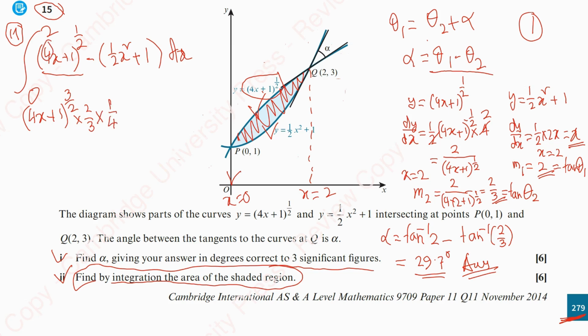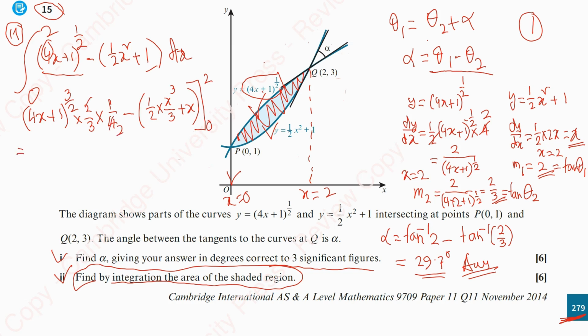This is the integration of the first part, minus the integration of the second part, which is half into x cube divided by 3. Then the other part is 1, and if you integrate, we get x. Integration done. We are going to put in the limits 2 and 0. Let us simplify this one.